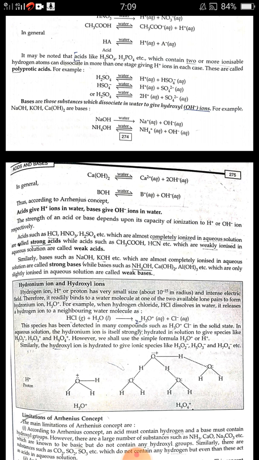Like hydrochloric acid is completely ionized in aqueous solution, so it is a strong acid. On the other hand, acetic acid does not easily dissociate in water, it is weakly ionized in aqueous solution, so it is a weak acid.